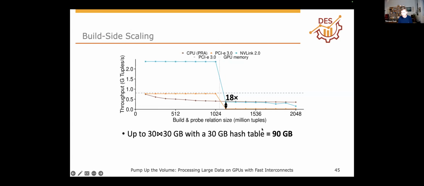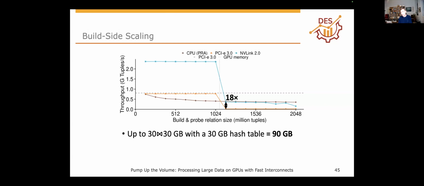So we can use a hash table that uses virtual memory, where we first allocate memory in the GPU. So we have a larger virtual address space. We're first allocating memory in the GPU, but as soon as we're spilling over or we need too much memory, then we're going to go to the CPU main memory.